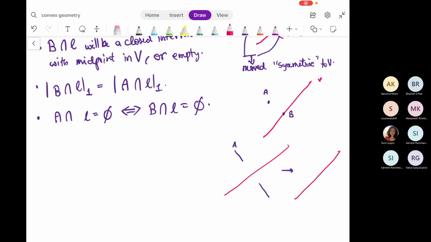Let's say they're both intervals of length half. Then the total length of those intervals is 1. So you just create an interval of length 1 around that point. Yes, B intersection L is an interval. By definition, it's an interval.